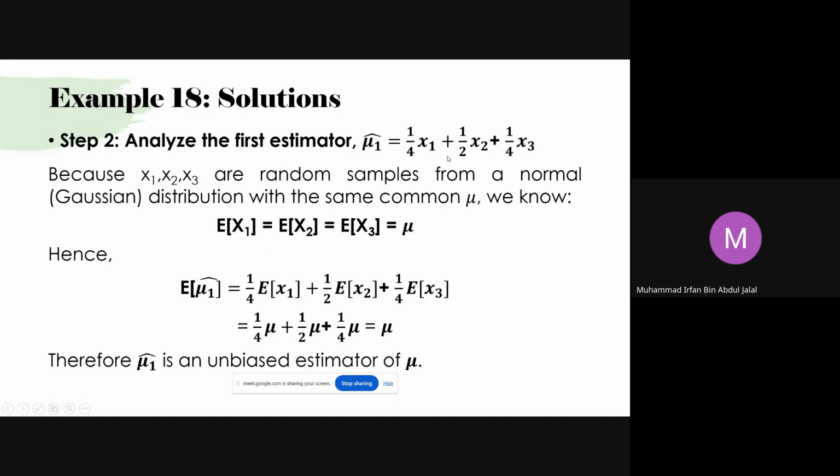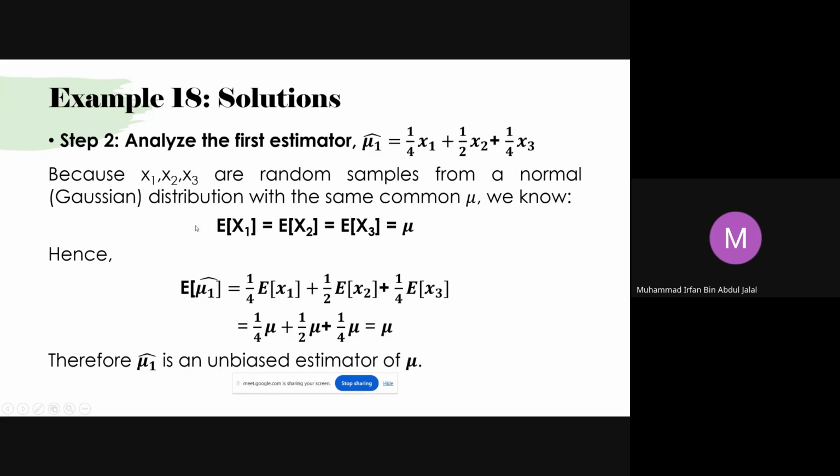So the expectation for this random variable 1 will be the same as the expectation of random variable 2, and then the expectation of random variable 3, which is mu, because they come from the same distribution with a common population parameter here. So because of that, kalau kita ambil expectation of the first estimator on the left side, it will be like 1/4 times expectation of this random variable plus half expectation of this random variable, and then 1/4 expectation of this random variable here.